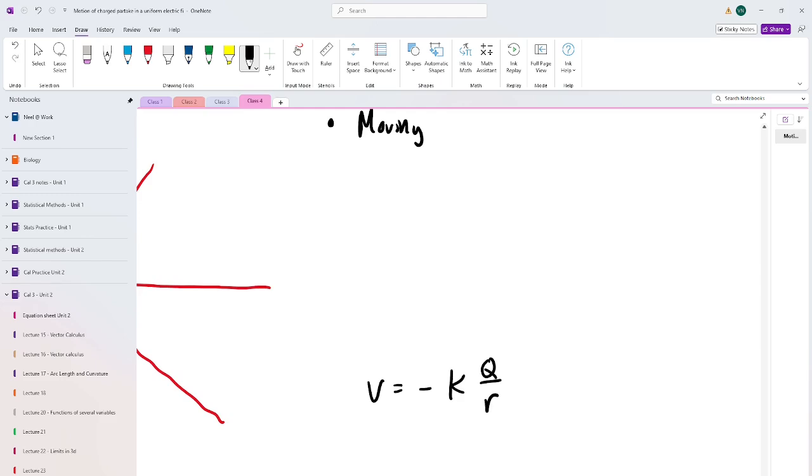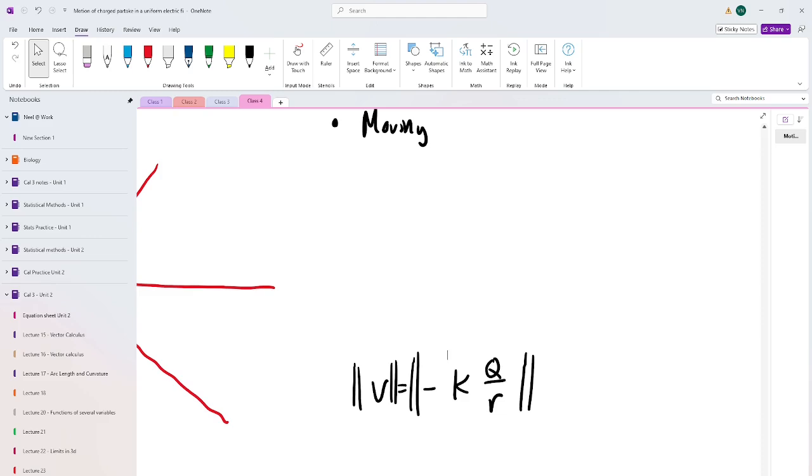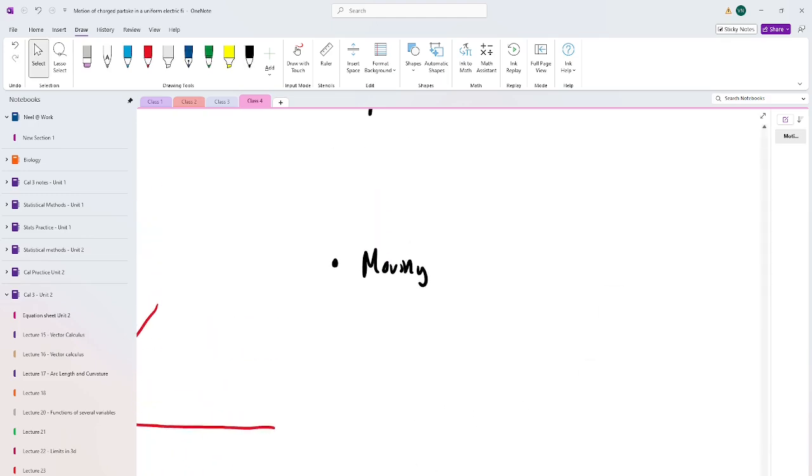If I just consider the absolute value of this, then this number is actually getting bigger as r gets smaller, right? It's just that because I have a negative sign in front of it, really I'm getting a more negative number, which means technically I'm getting smaller. So it's still true that moving with the electric field decreases the electric potential.